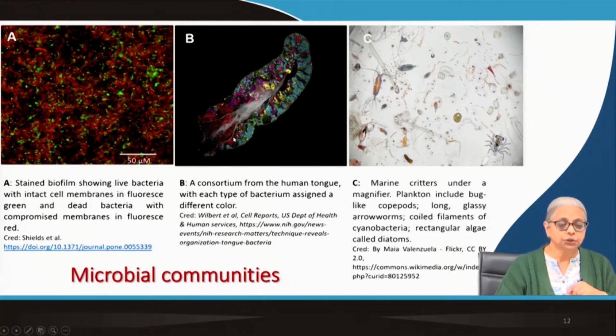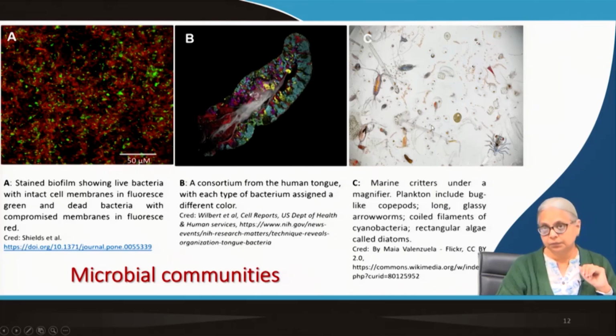So this is a consortium of bacteria, different species growing on the human tongue. They grow on the teeth, on the tongue, on the inner cheeks, and all of that. Here the different species have been falsely colored just to differentiate them, and you can see the diversity just on the human tongue.